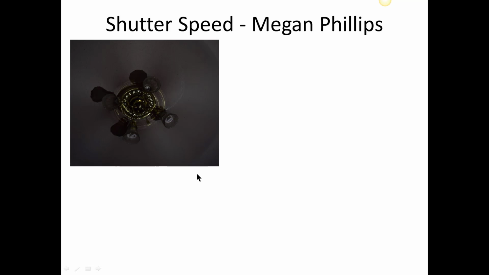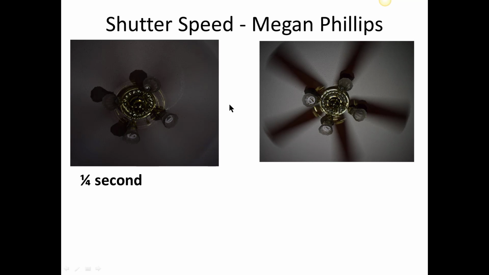So there's another example from Megan Phillips, who used a ceiling fan. So at 1/4 of a second, those ceiling fan blades are going so fast you really can't even see them. But if we make that shutter go a little quicker, 1/30th of a second, now we can see that there are blades, but we can also see those blades are moving.